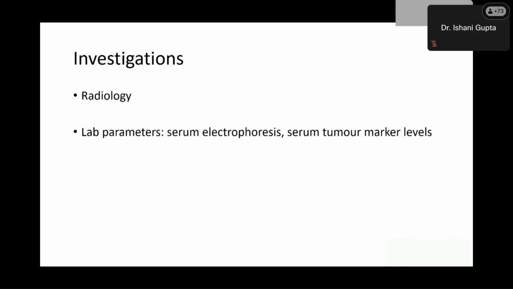At this point, the radiology investigations are also asked for, and also laboratory parameters like serum electrophoresis, serum tumor marker levels, alk phos levels, and the other routine laboratory investigations.